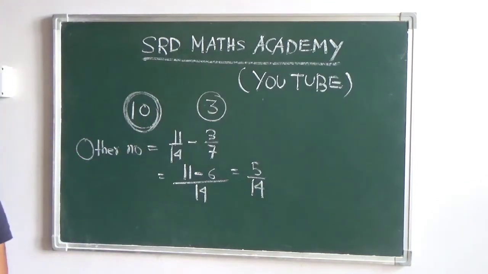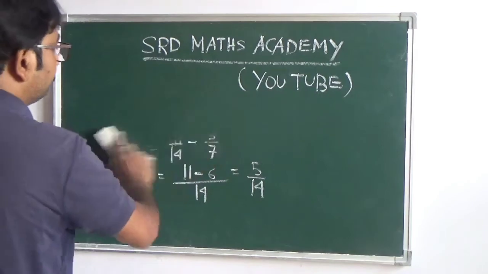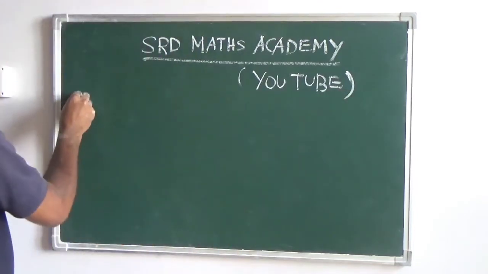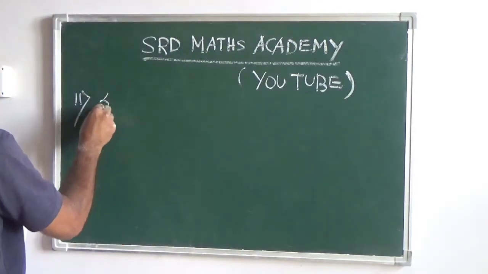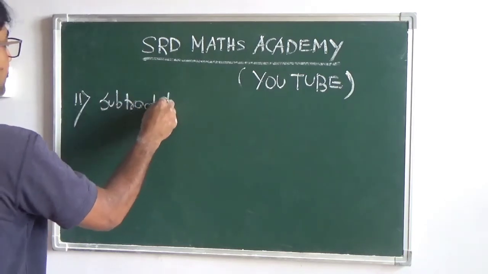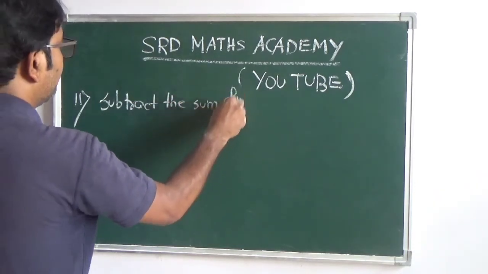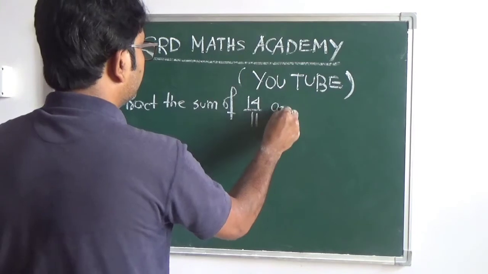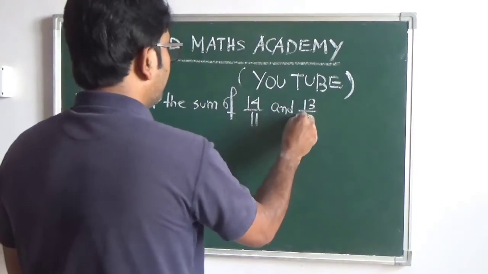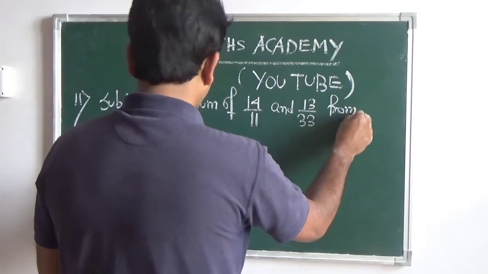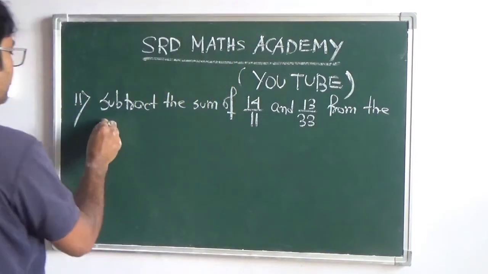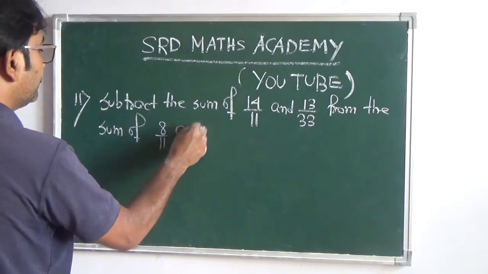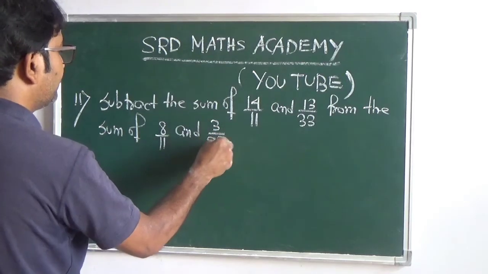So now moving on to question number 11. Subtract the sum of 14 by 11 and 13 by 33 from the sum of 8 by 11 and 3 by 22.